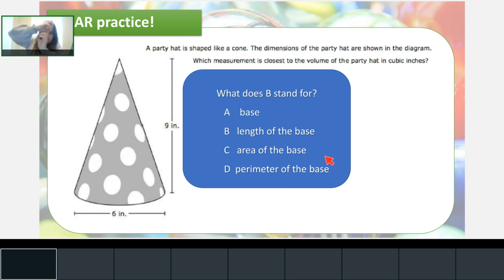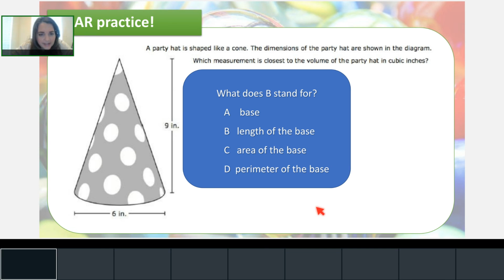Capital B. How do I make a capital B with my, there, does that look kind of like a capital B? Backwards, maybe? Okay, capital B, area of the base, the whole entire base. Not just a line. You want the whole area of the circle. Okay, cool. All right.